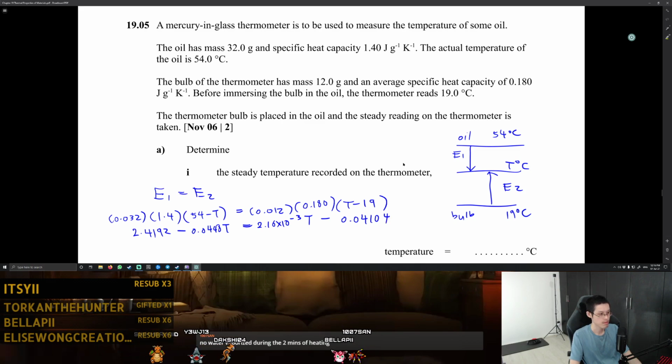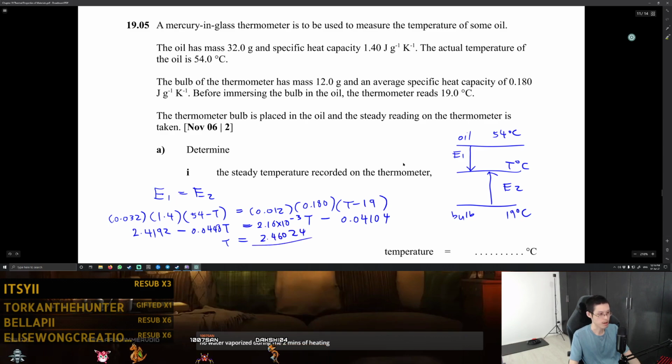Okay, so T is going to be equal to 2.46024 divided by 0.04696, which is 52.4 degrees Celsius.